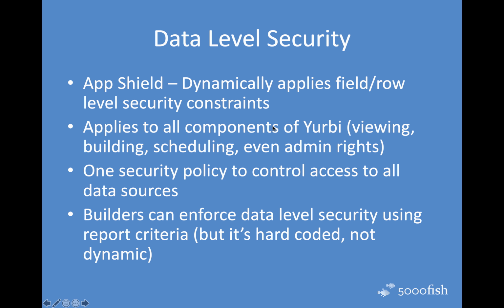Now, the last level of security is the data level security itself, row level security. So even though they have access to Yurbi, they can talk to a particular data source, they can build or view a particular report, and they have permission to see that report in order to run it, the last level of security is that data level security, which dynamically controls what they see, the data that's returned inside that report.